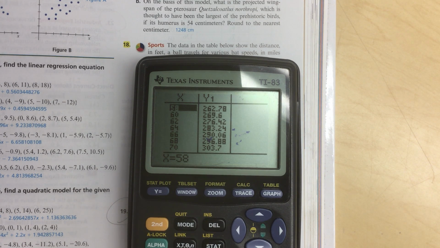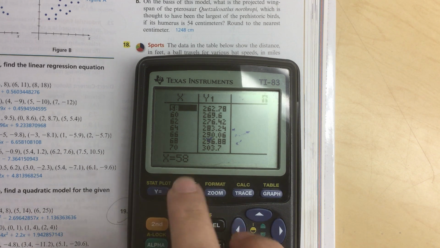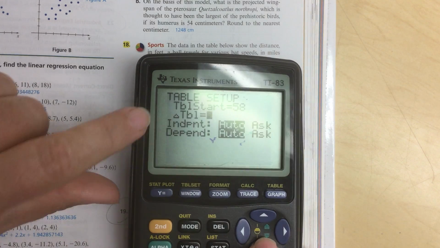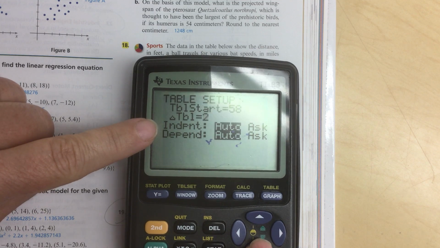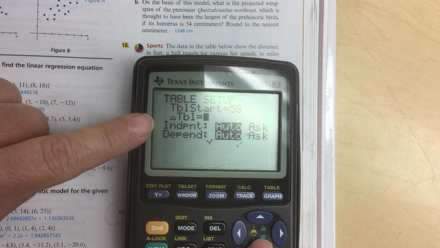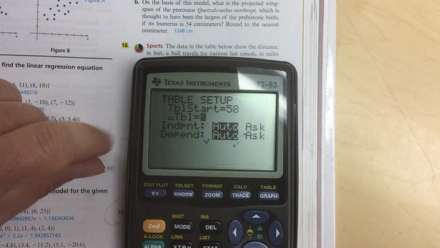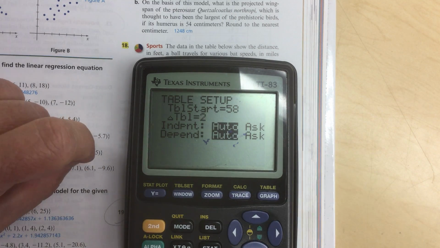So here's a handy thing. Wait, what did you put for the delta table one? 2. I did 2. So second table set. That's delta table. That little triangle is delta. It means change in. TBL stands for table. So that's delta table, which means change in table. So my X's go from 58 to 60 to 62.